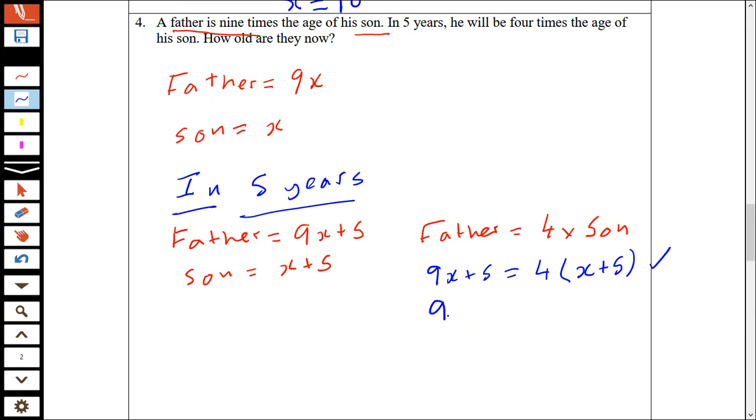So you're going to get 9x plus 5 equals 4x plus 20. And then we can take 4x from both sides. It gives you 5x plus 5 is equal to 20.